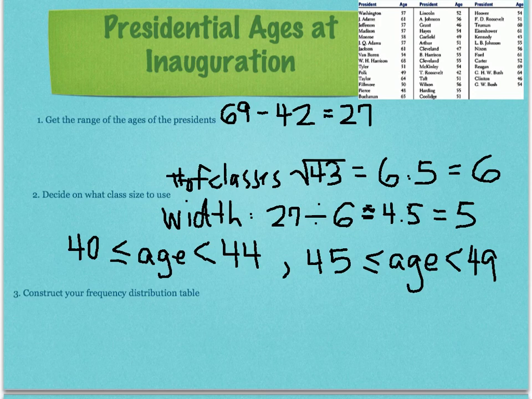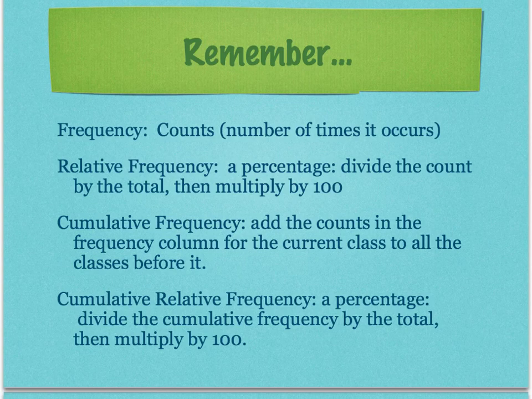Before we construct our table, I just want to remind you of a few definitions that we learned in the previous video. This first one, frequency, remember that's just the count, the number of times it occurs within each class. So if my class is the ages from 40 to 44, I would count how many ages fall into that range. The relative frequency, remember you take that count and turn it into a percentage by doing these instructions here.